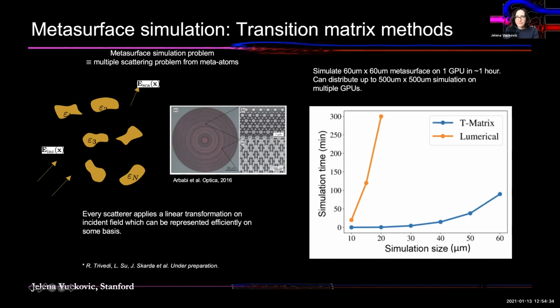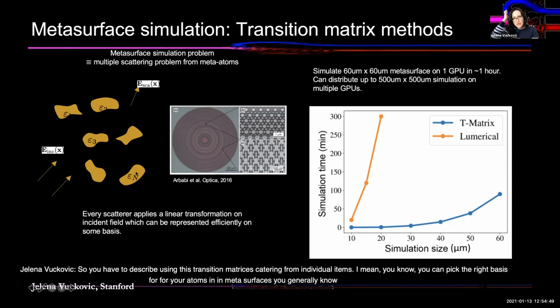The electromagnetic solver that we use here is a transition matrix method solver. Which means that your simulation, your metasurface, can be viewed as multiple scattering from different meta-atoms. So you describe scattering from individual atoms using these transition matrices.